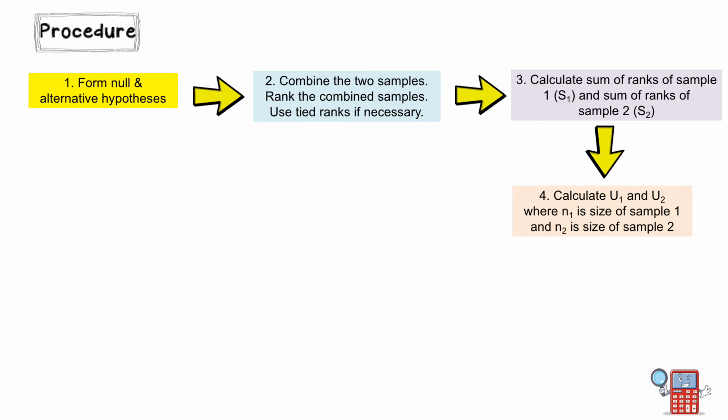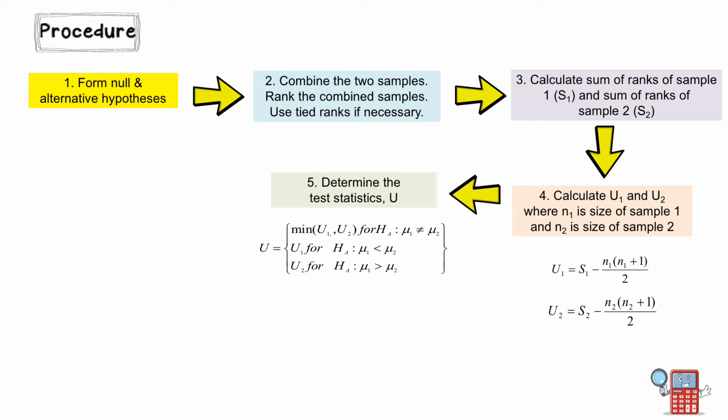Followed by the fourth step, where we calculate U1 and U2, given by this formula. In the fifth step, we determine the test statistic U. There are three conditions that we have to refer to in order to determine U, whereby the first condition given here refers to a two-tailed test, and the other two conditions refer to a one-tailed test.